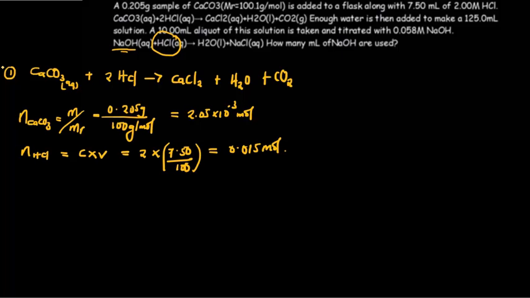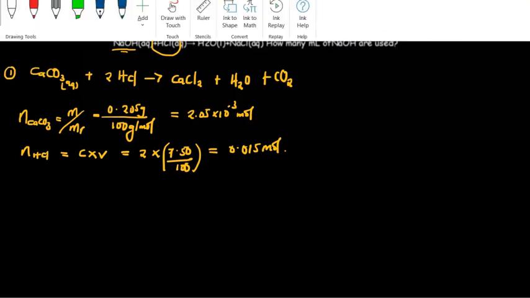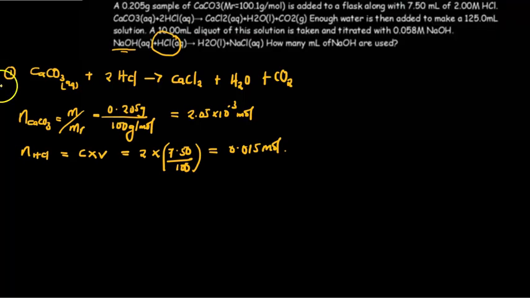So now, how do we find the number of moles of HCl that reacted? To find the moles of HCl that reacted from what you've been given, you use the stoichiometric ratio. So the mole ratio between calcium carbonate and HCl is what? 1 to 2. So since the mole ratio is 1 to 2, how about these moles of calcium carbonate, will give us how many moles of HCl?